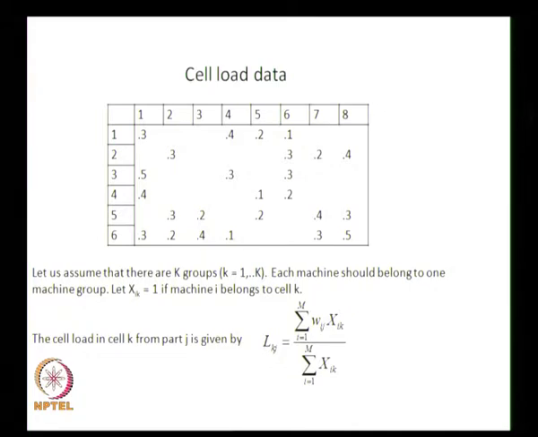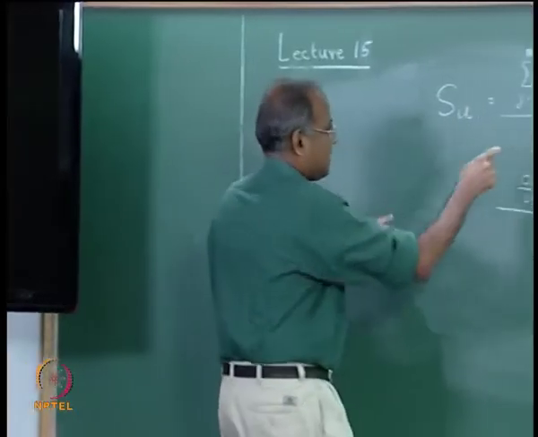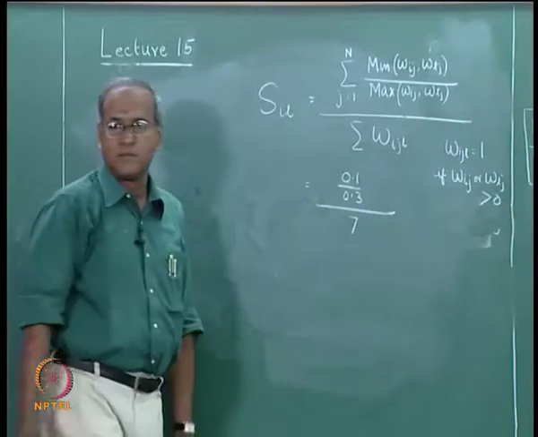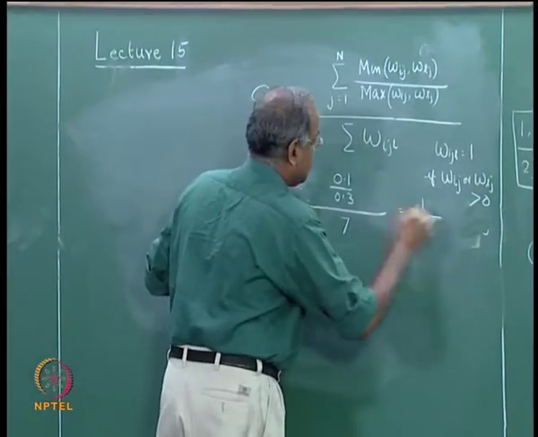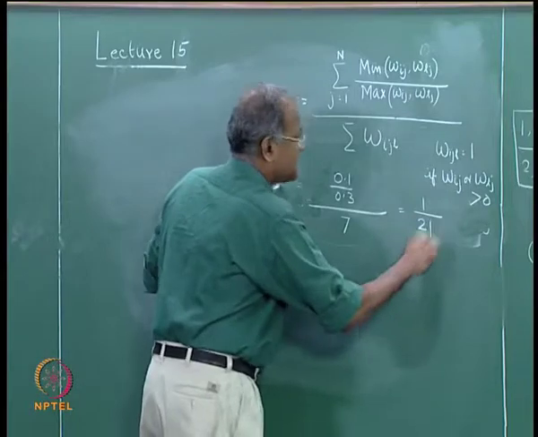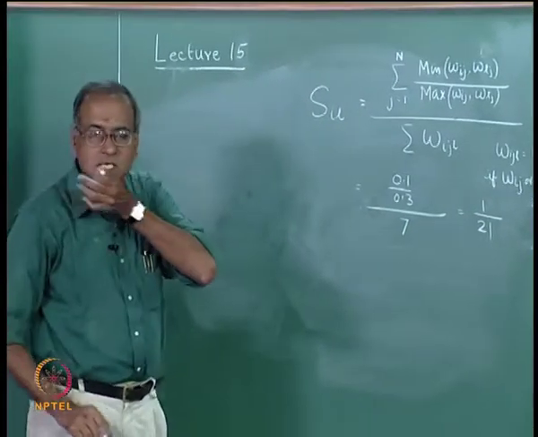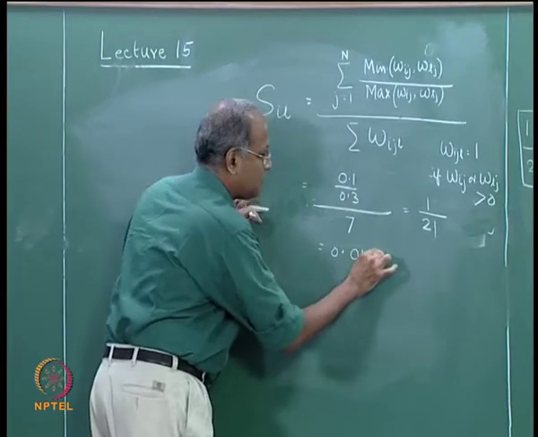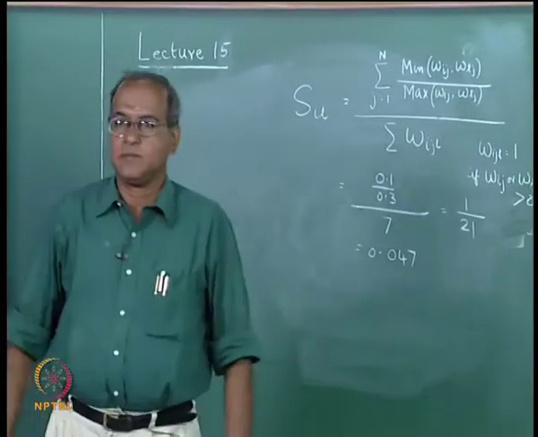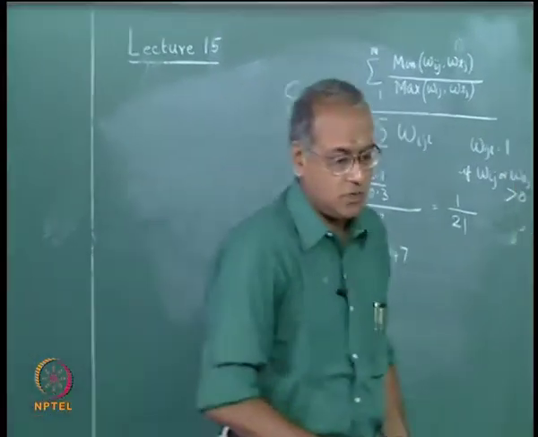So the contribution of the denominator will be 7. So this coefficient will be 1 by 3 by 7, which is 1 by 21, which will give us 0.047, which is shown here.